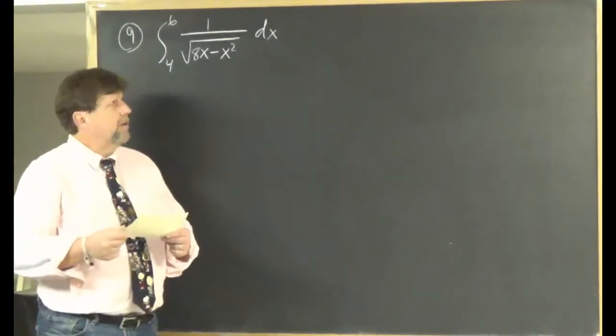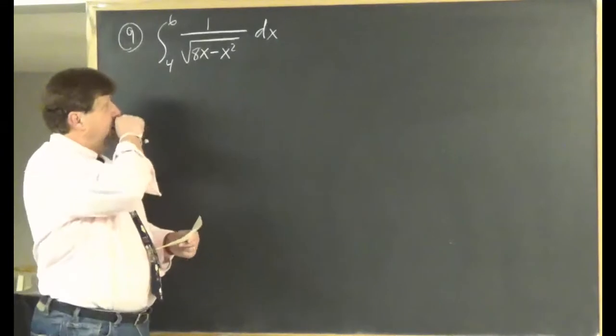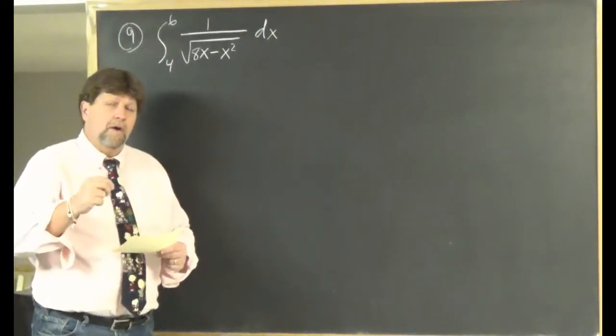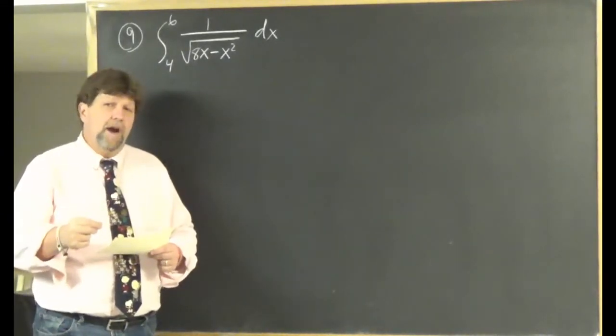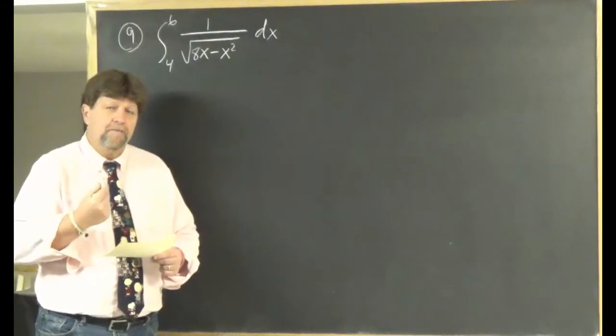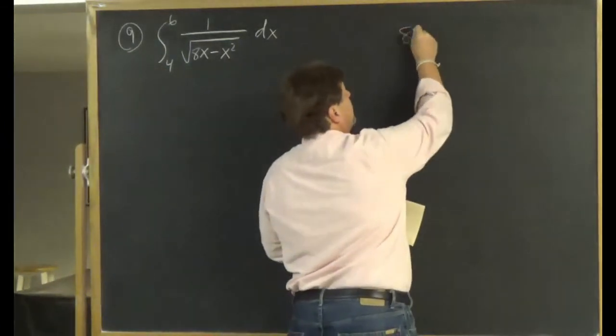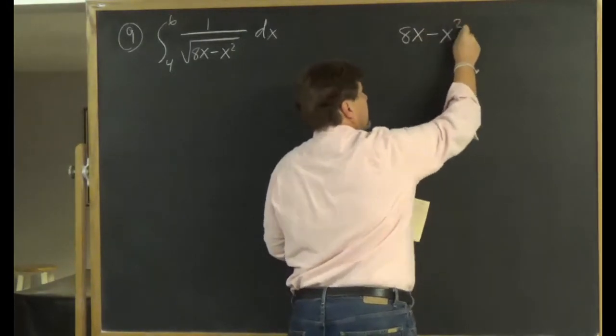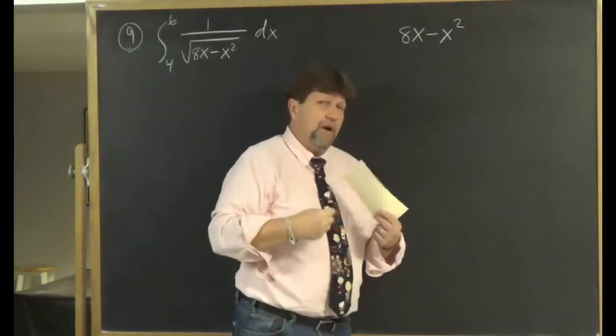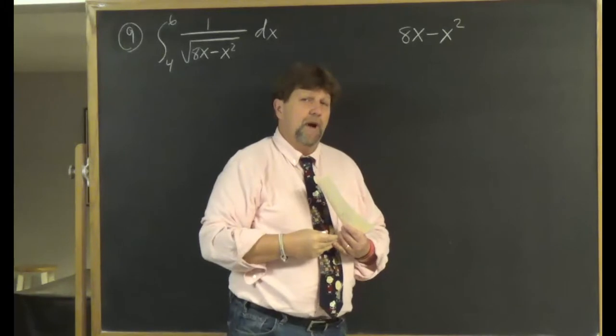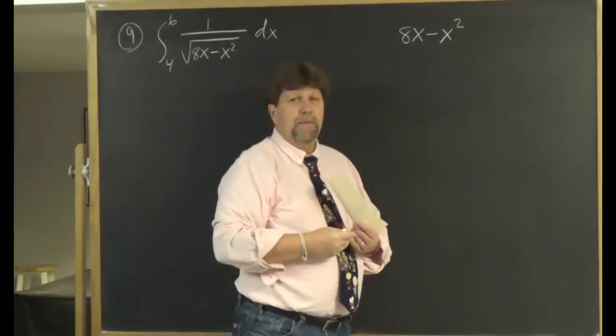Next, I look at what's under the radical, and I'm wondering, well, what happens if I complete the square on what's under the radical? So let me pull that over here. It's 8x minus x squared. And let me go through the process of trying to complete the square on this mess.